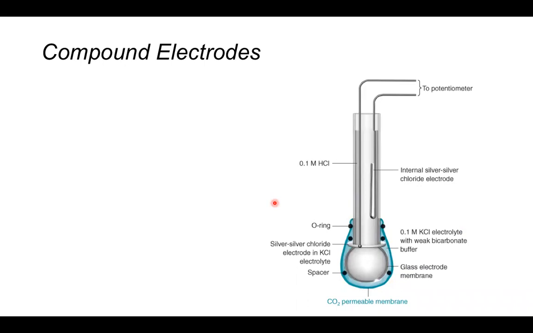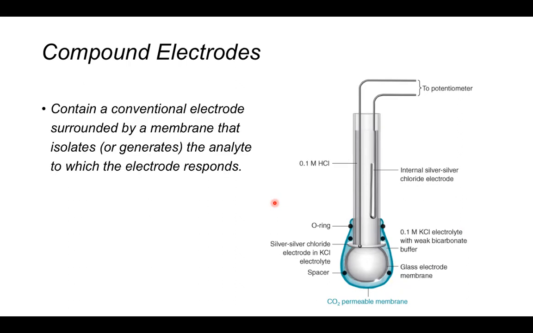Compound electrodes then make use of multiple different types of electrodes and setups. So it could include both solid and liquid. They contain a conventional electrode surrounded by a membrane that isolates or generates the analyte to which the electrode responds. So this combination of a standard electrode, which is the inside part, and a membrane with some sort of solution inside will then allow us to measure the analyte.